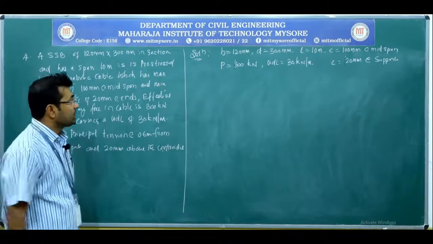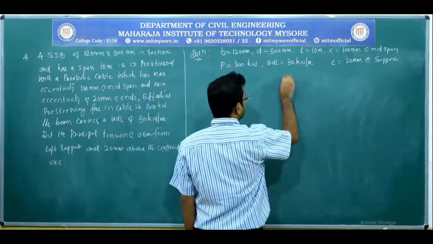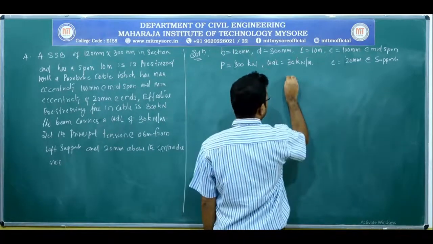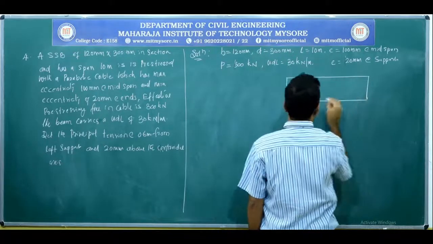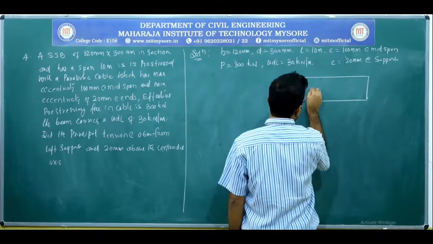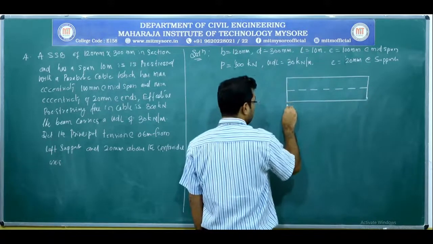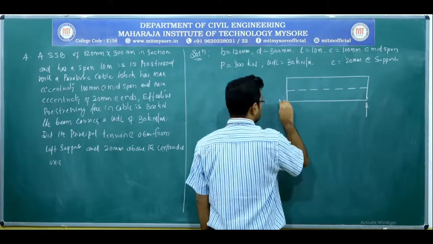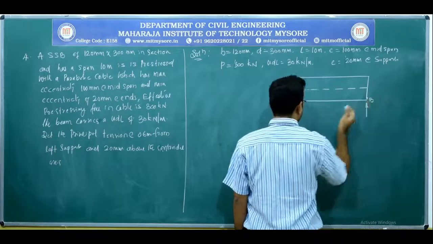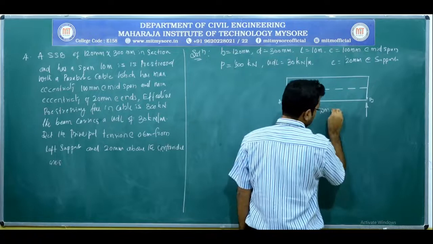Okay. So for this, let me draw the beam. Okay, let us say this is the beam of length 10 meter. Let me assume the supports as simple supports. The span is 10 meter.